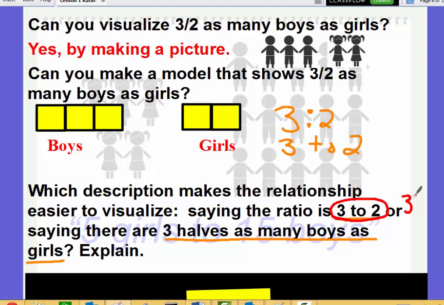Saying 3 halves just confuses me because I think we have a boy, and then we have like half a boy, since it says 3 halves. So here would be 1 half, 2 halves, and then since I need 3 halves, I'd have another half, and that just confuses me. So for me, I say this one's easier, saying the ratio.